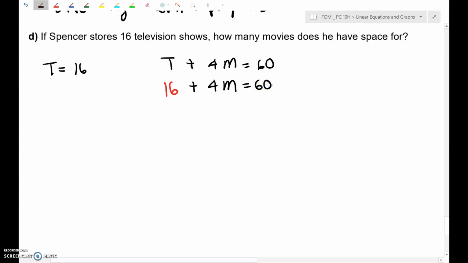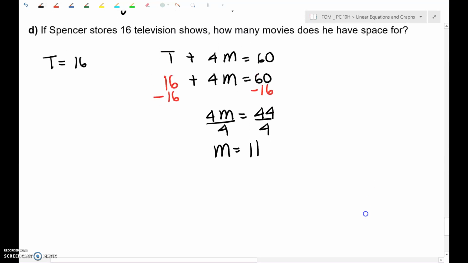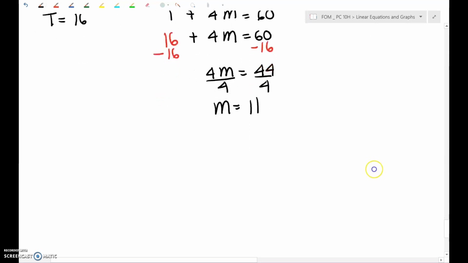We're going to solve for m. So we're going to subtract 16 from both sides. And we get that 4m is equal to 44. Divide both sides by 4. And we get that m is equal to 11. Okay, so that means that he can store 11 movies.